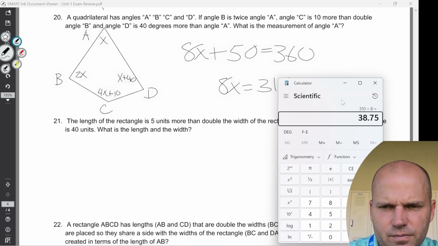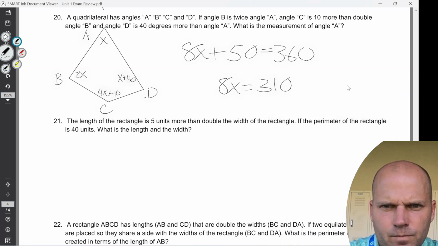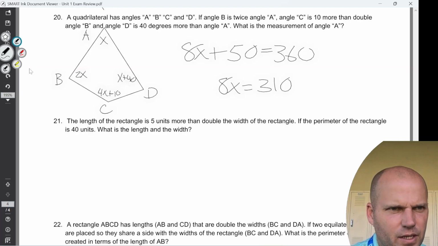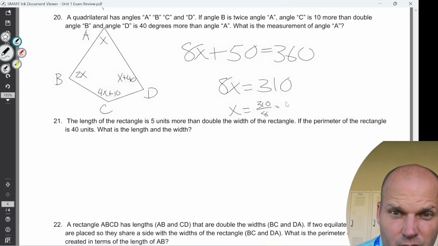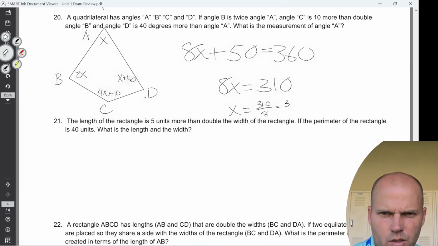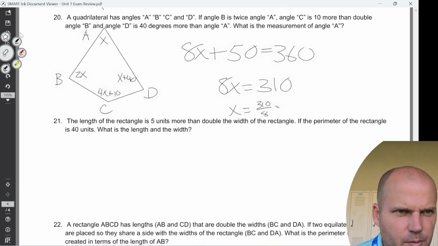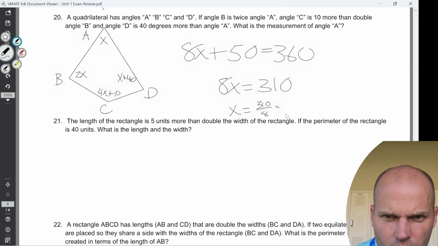I can't divide by 2. Let me divide by 2. I can do this. 310 over 8 is the same as 155 over 4, dividing by 2.